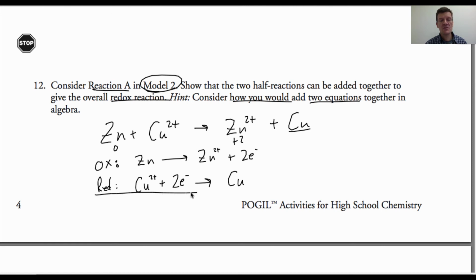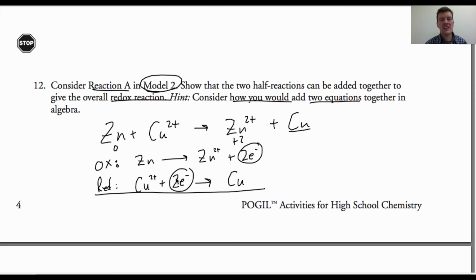So all I do is I'm just going to add these together. And by the way, when I do add these together, I have to have the same number of electrons lost as the number gained. And I do in this case. 2 are lost, 2 are gained. That has to always be true before I add these two half reactions together.